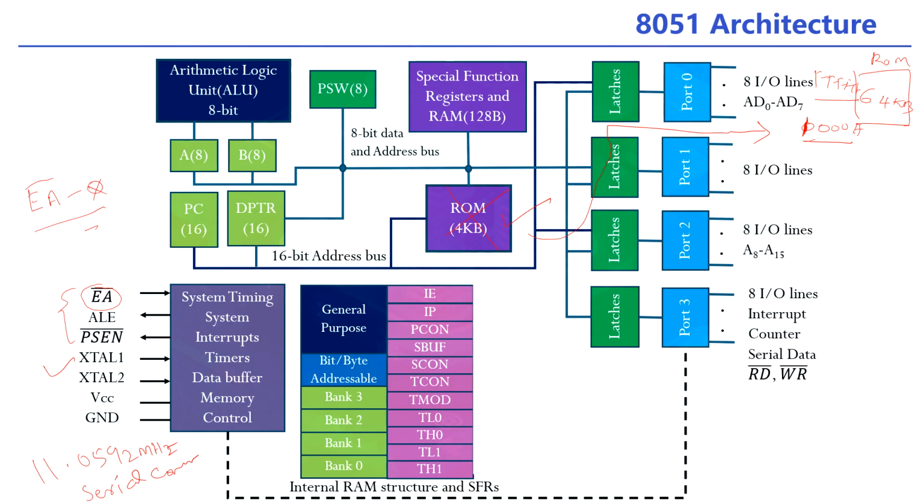That means it first utilizes the memory 0000H to 0FFFH from internal memory, and then the next address will be fetched from 1000H. So this is the use of EA bar. EA bar specifies whether the 8051 microcontroller is utilizing complete external memory or internal plus external memory.